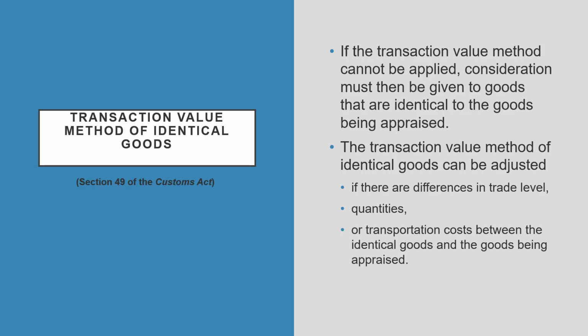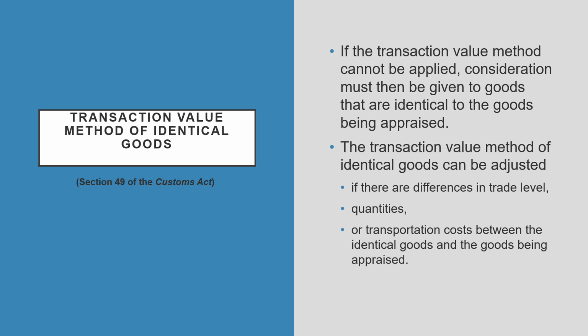If for any reason you cannot arrive at the transaction value using the price paid or payable, you can use the method called identical goods. Identical goods is a consideration that you can give to identical goods to those being appraised. So the transaction value method for identical goods can be adjusted if there are any differences in trade level, quantities or transportation costs between identical goods and the goods actually being appraised.